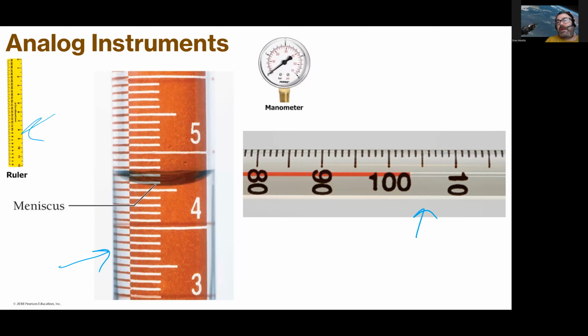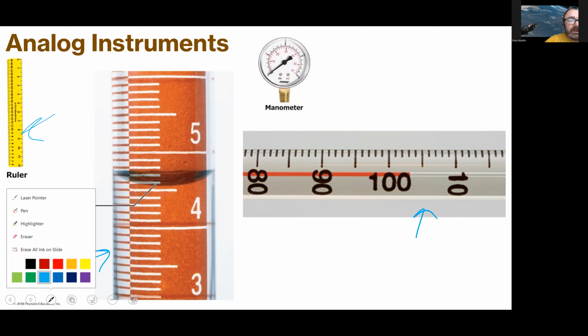Thermometer, manometer, anything that forces you to think about what the measurement possibly could be. Anytime we're reading an analog instrument, you get to have all the numbers that the measuring device has, plus one more. We'll talk a lot about this in the lab too. I'm going to use this thermometer as a good example here.